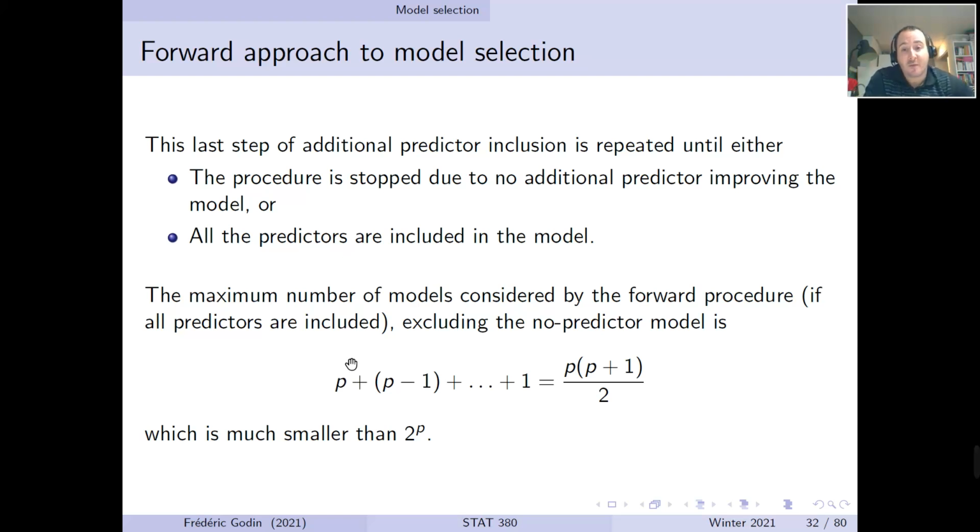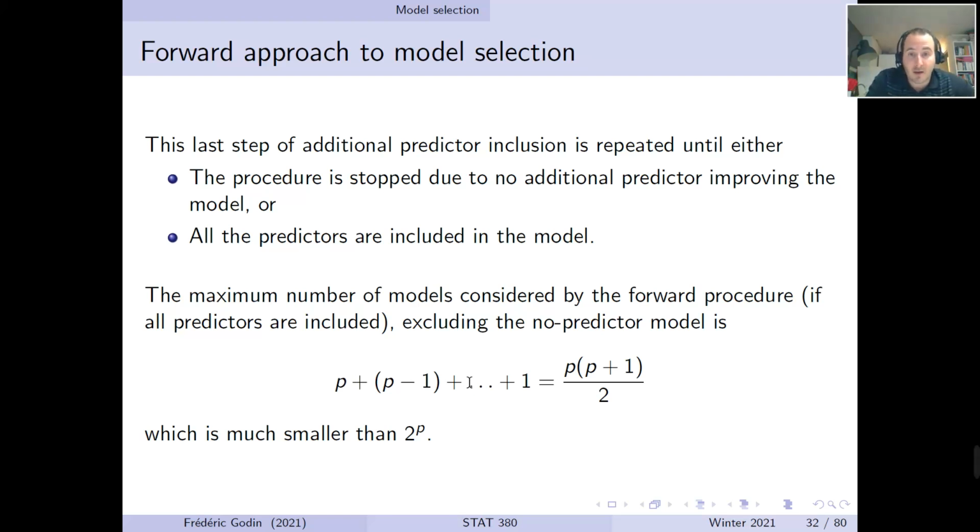At the first step, when we had to test for the first predictor, we had p models to compare. At the second step, if you've included a predictor at the first step, you have p minus 1 possible predictors left to incorporate.